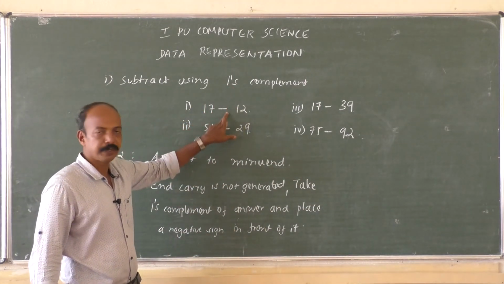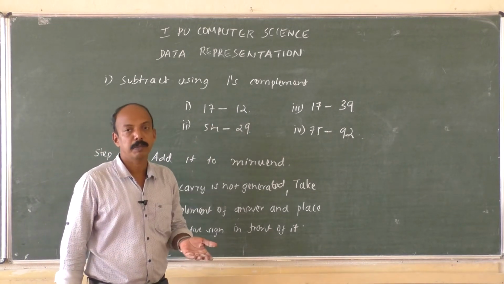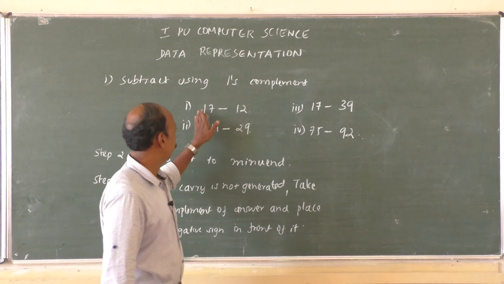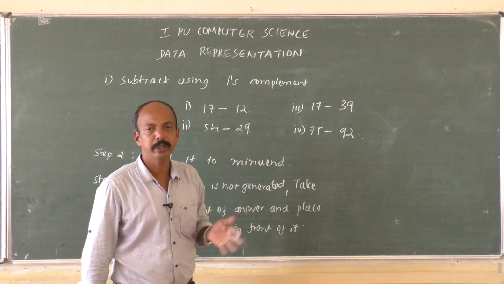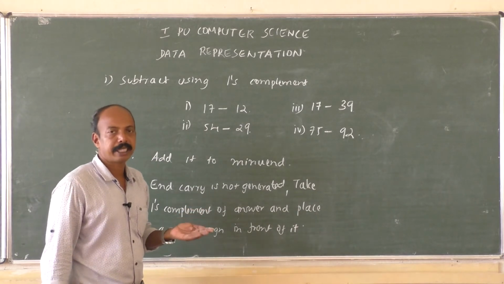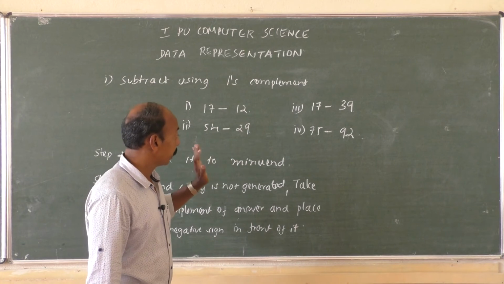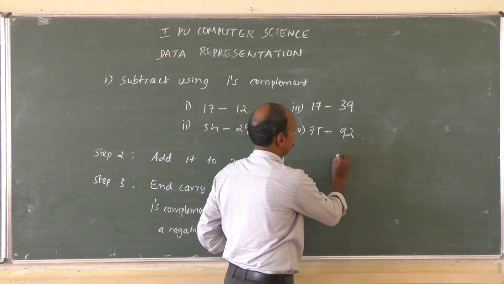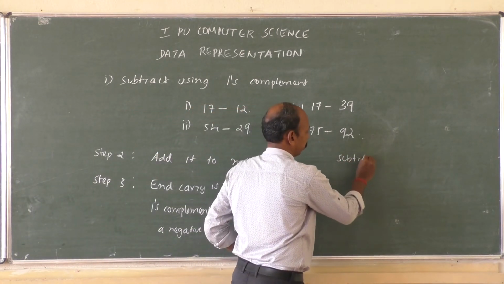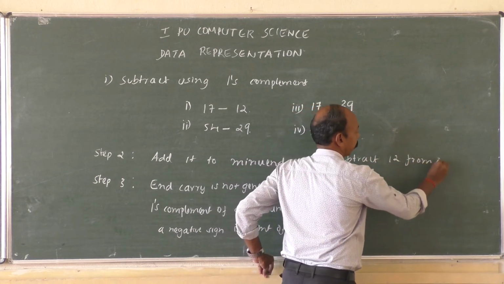It may not be specified whether we are going to subtract a larger number from the smaller number or a smaller number from the larger number. By looking at the subtraction itself, we have to write it. Sometimes we will get confused. Say it is given something like this: subtract 12 from 20.